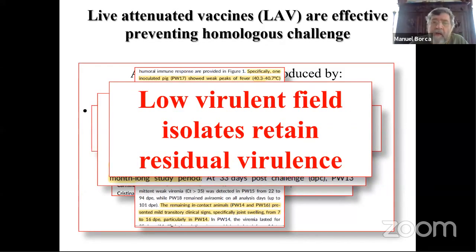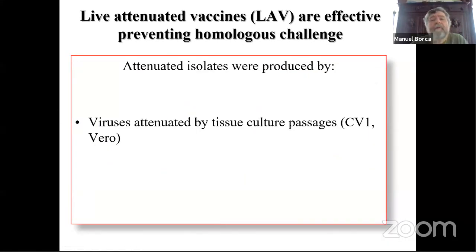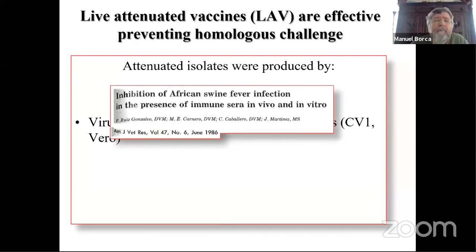The second group of ways to produce attenuated strains of virus was by passing the virus in tissue cultures. And that's something of which there are several examples out there. I just picked one that is a paper from Ruiz Gonzalo back in 1986, where the person worked for a long time in Spain.